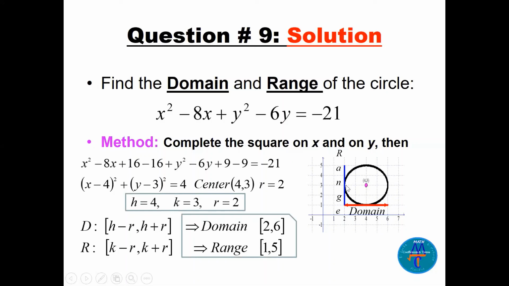See, h is 4 on the x. You subtract r and then add r, left and right. That's the domain. Now for the range, you take k on the y value, 3. You subtract r, you add r, which is 2 in this case. Then you get 1 to 5.